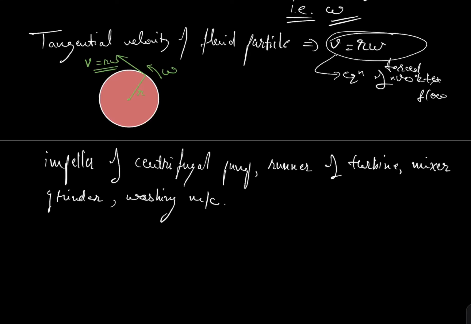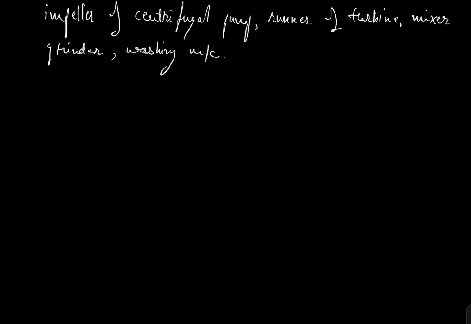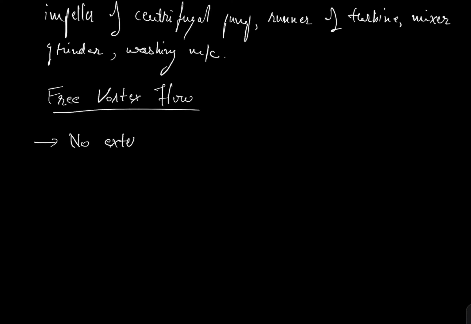So now let's study about free vortex flow, right? So what is free vortex flow? As the name suggests, here is no external force. No external force, okay? Or torque, you can say. No external force or torque is acting on the rotating fluid.